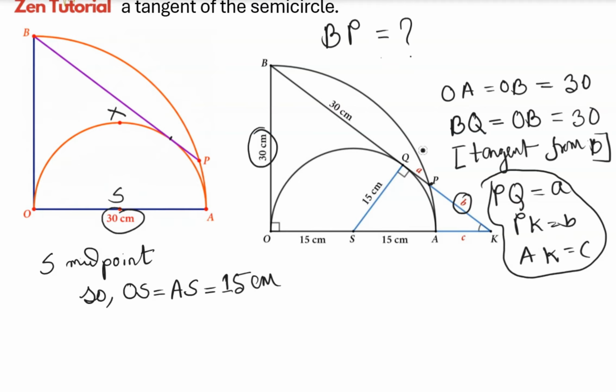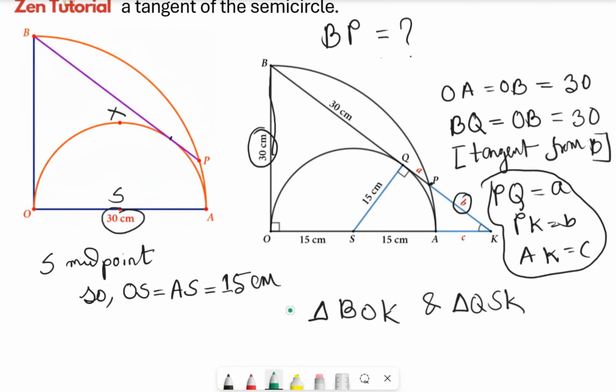Now another important point: have a look at triangle BOK and triangle QSK. So this is BOK. Let's change to a different color pen. Let's use this one.